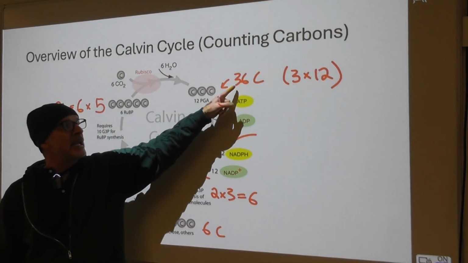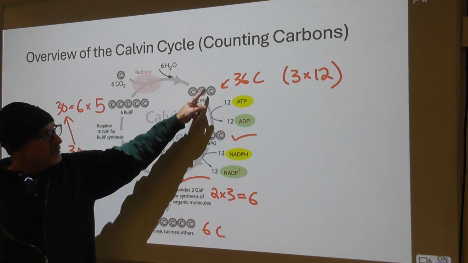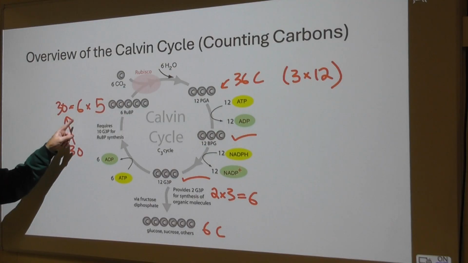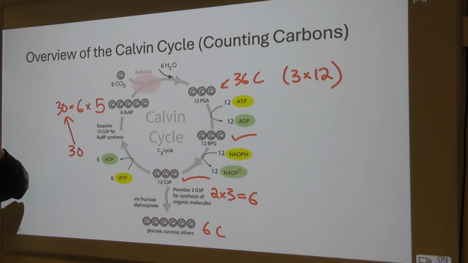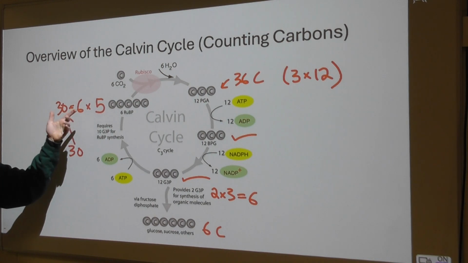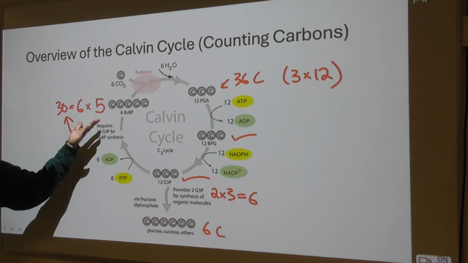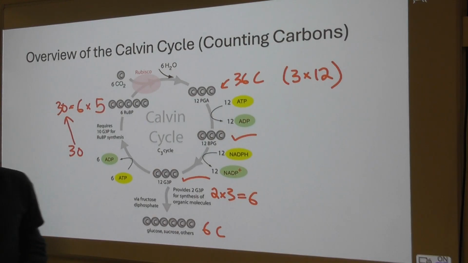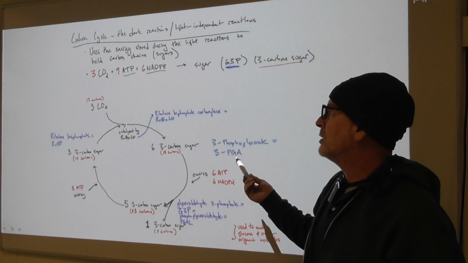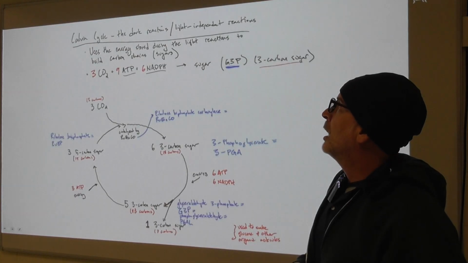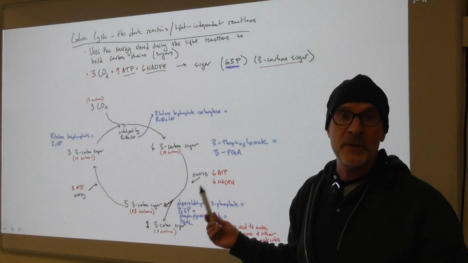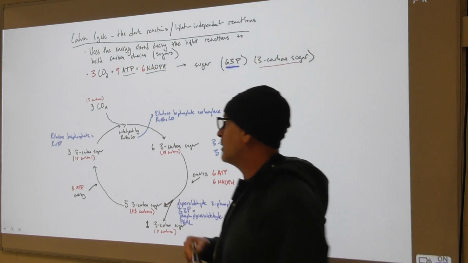That means we have 18 3-PGs, we have 18 G3P, and that goes back to 15, 12, I already lost count. 3 RuBPs, 15 carbons, 3 RuBPs. This is my diagram that I made. I made this years ago, but this is the diagram that I practice, and this is what you should be able to do by memory.